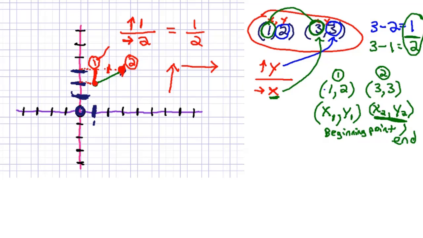So the 1, 2 is the first set of coordinates. So you can write that 1 with a little 1 after it, comma, 2 with a little 1 after it, to show that those are the coordinates for the first point in the line.